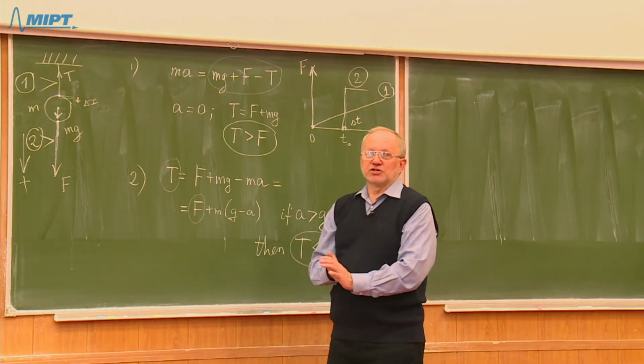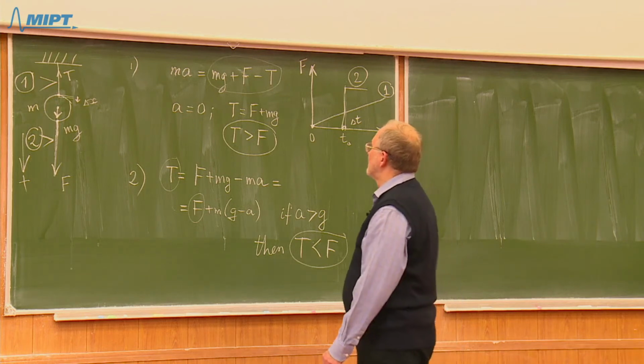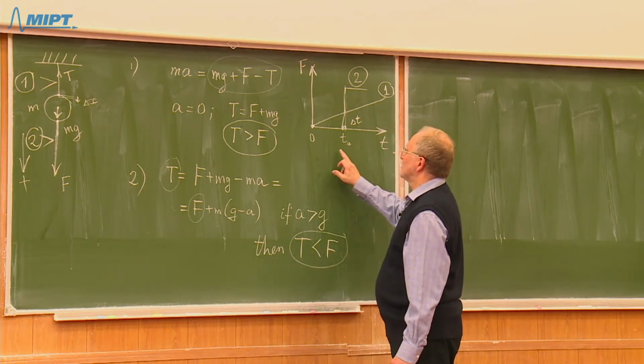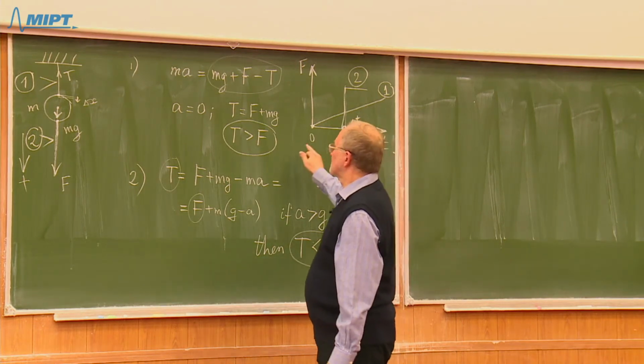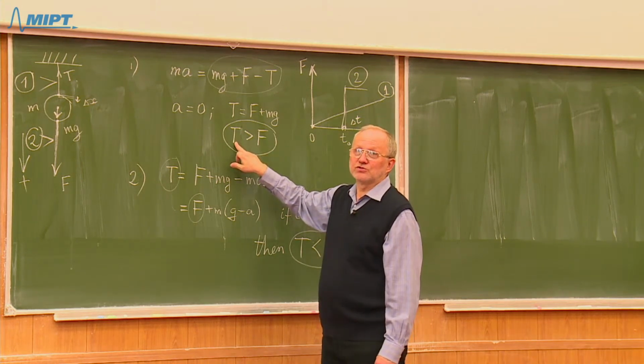So all this analysis shows that everything depends on how fast the force is changed. If the force is changed slowly, that is the first case, then the upper string will be the first to break.